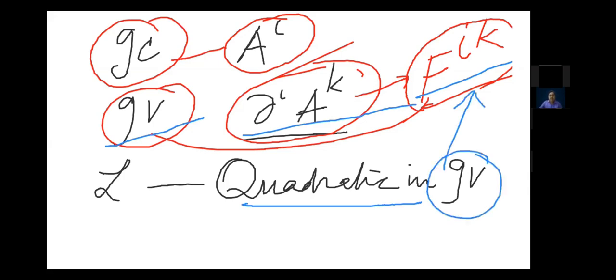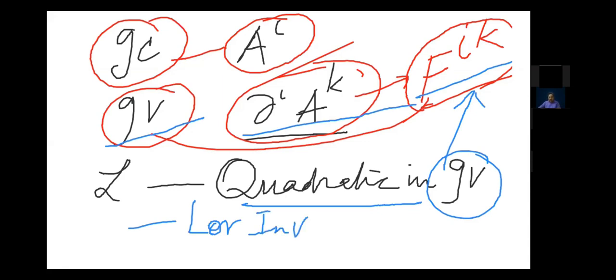So how do we construct a quadratic term with this generalized velocity F_ik? Also, we should not forget that L should also be Lorentz invariant. This is another important thing.